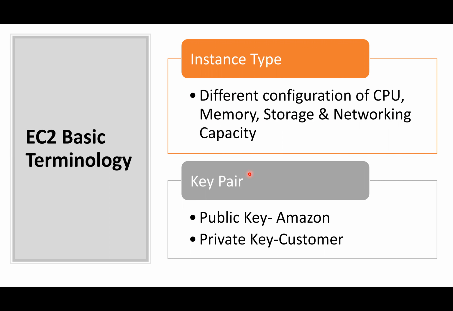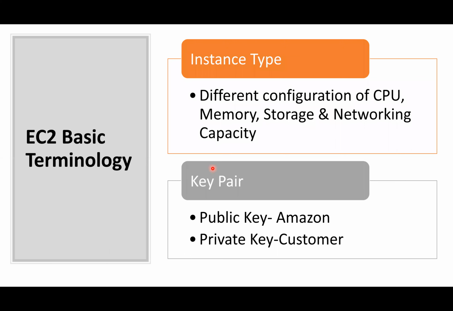And second thing is key pair. You must have seen me downloading that key pair. There are two types of keys, basically a public key and a private key. Public key is kept by Amazon and private key is kept by the customer. I'll tell you briefly what is public key and what is private key.